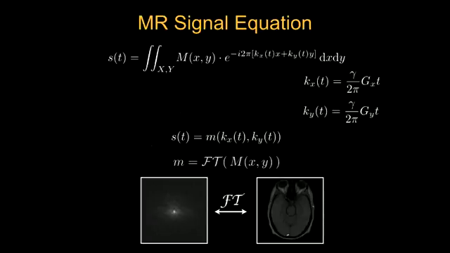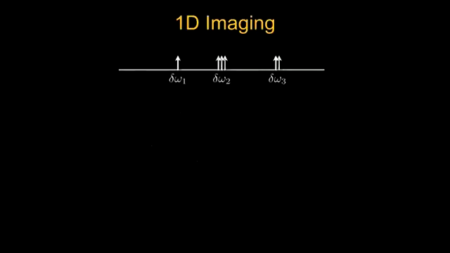I think you guys know almost all the background here, right? We're just going to go back to the basic concept of the imaging components. Just think about it. If you have different proton densities at different locations, like here you have 1, 3, and 2, so the strength of your magnetization is different at different locations.